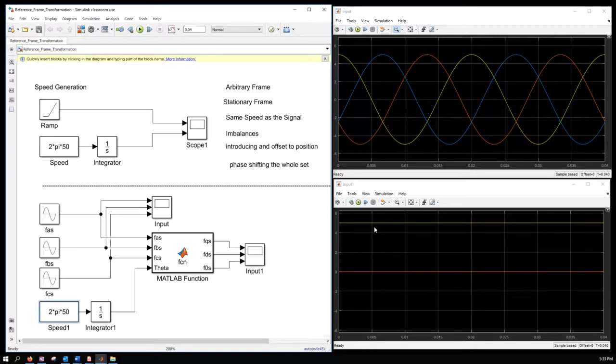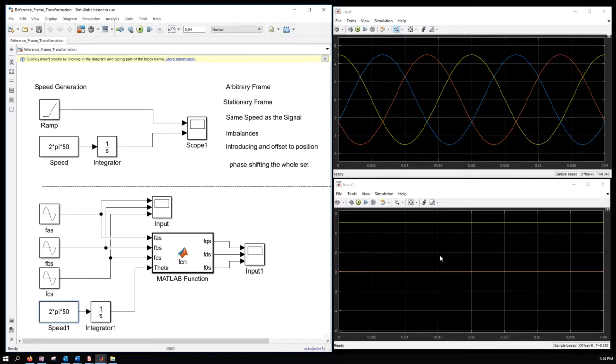So now if we can come up with a strategy to know position every time for the signal, we can make them look like DC using this transformation. Very cool, right? So this is what this field-oriented control rotor reference frame transformation does to your signals, and it makes your AC signals look like DC.